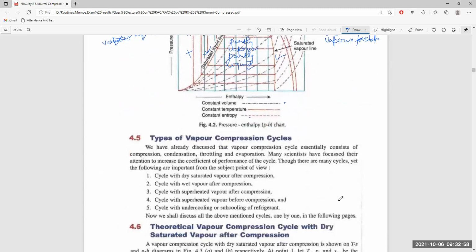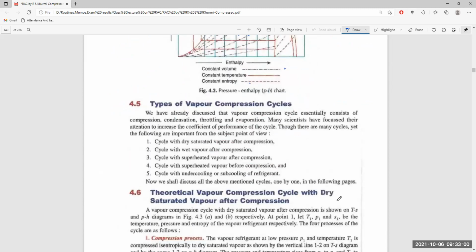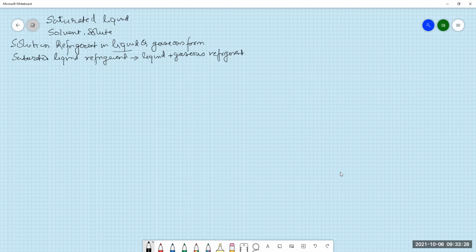Now, let us discuss the types of vapor compression refrigeration cycle. First, we have to know what is a cycle. What is a cycle?